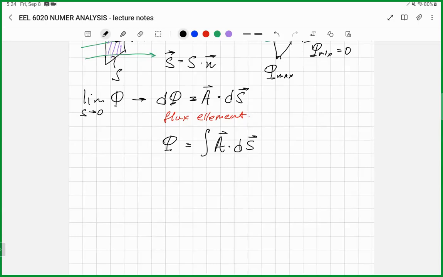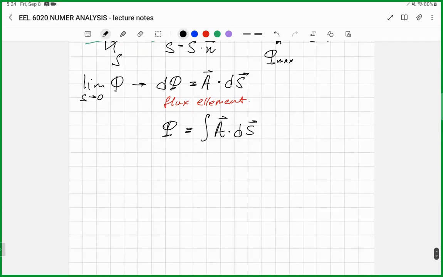This formula, given through the integral, is fair for any type of field and any type of surface arranged somehow in that field.